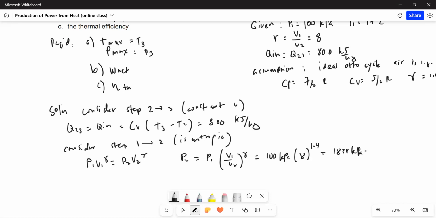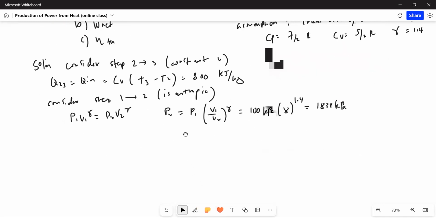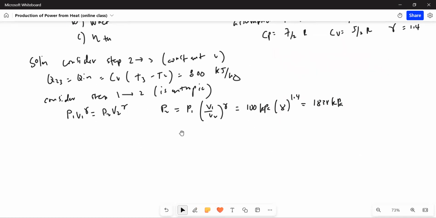Okay? So, how can we use this to solve this? In another equation, we can also use the temperature and volume counterpart. So we can also use this equation, T1 V1 raised to gamma minus 1.